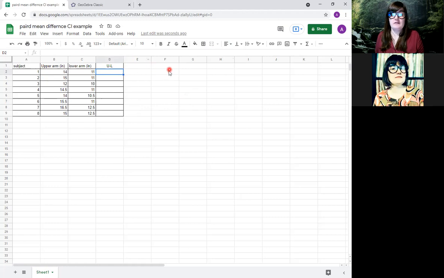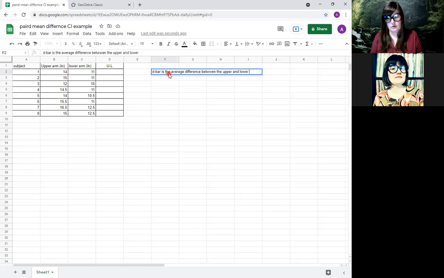So we might say D bar is the average difference between the upper and lower arm lengths. And I'm going to remind myself U minus L.